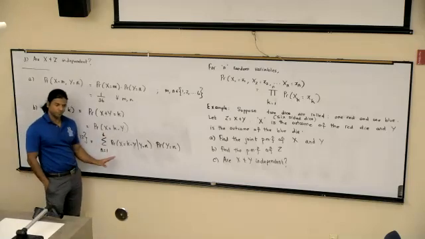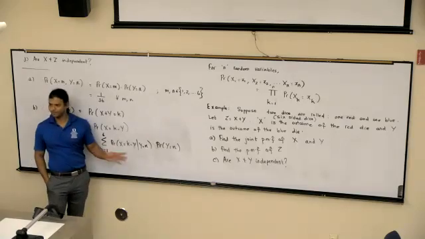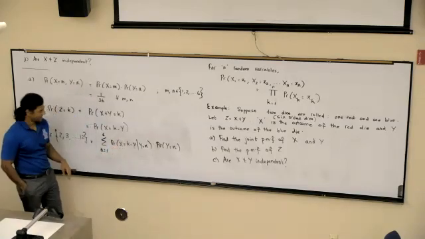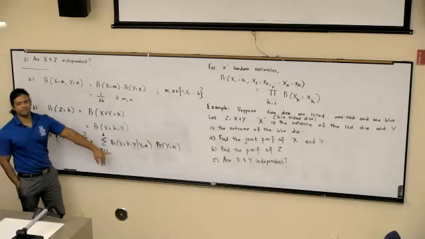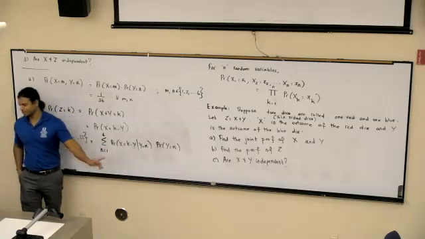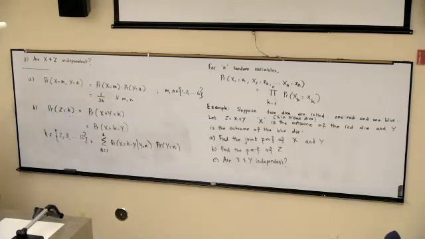There is a reason why I'm doing it this way. We don't have to do it this way. I use some property here. Can you tell me what that property is? The law of total probability.